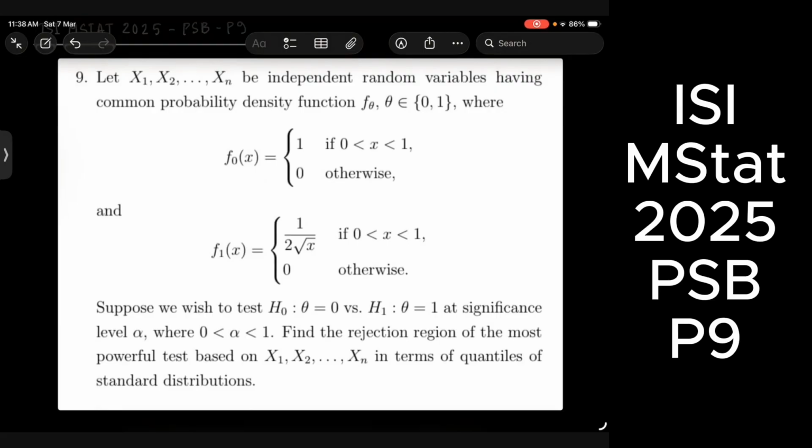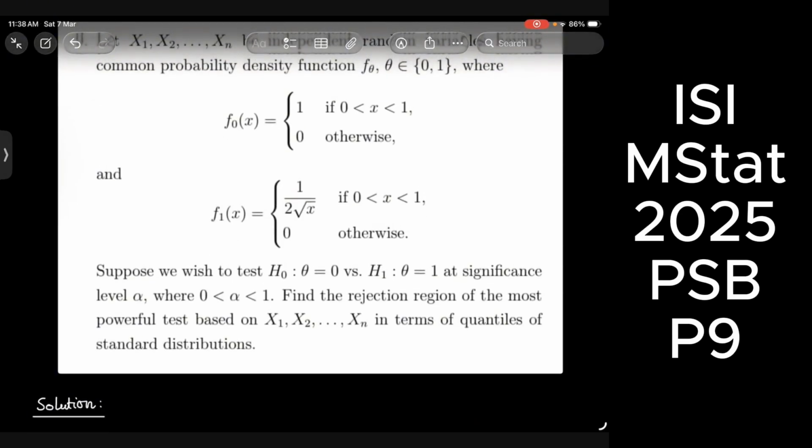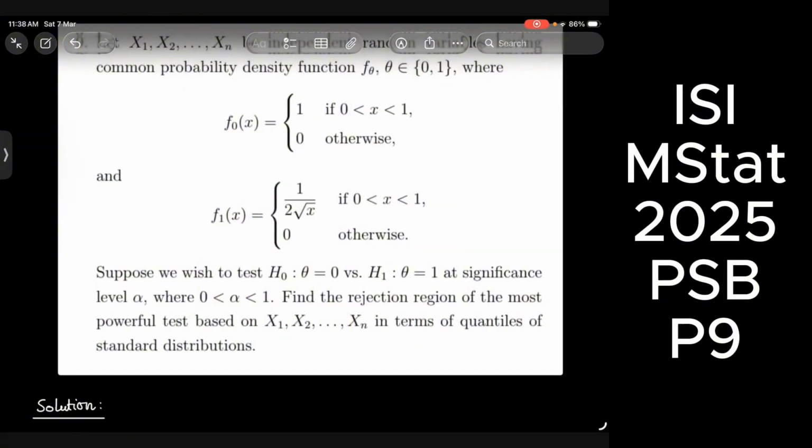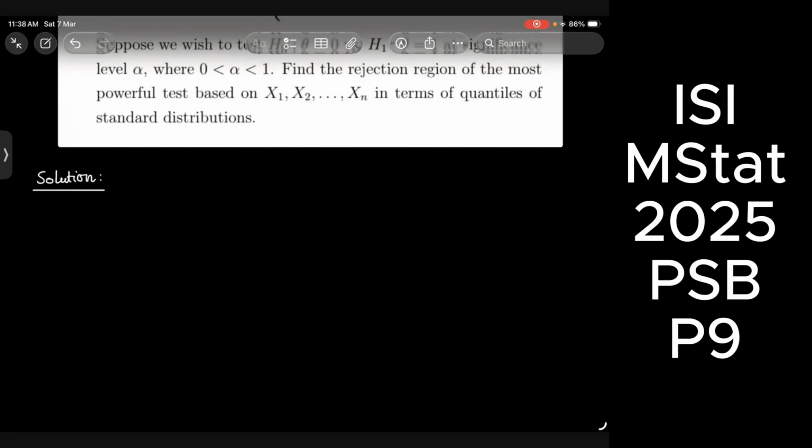X1 up to Xn are independent random variables having common probability density function f theta, where theta lies in {0, 1}. If f naught is given as a uniform distribution function, and f1 is somewhat a decreasing function, right? Yes, sir. So let's start the solution.